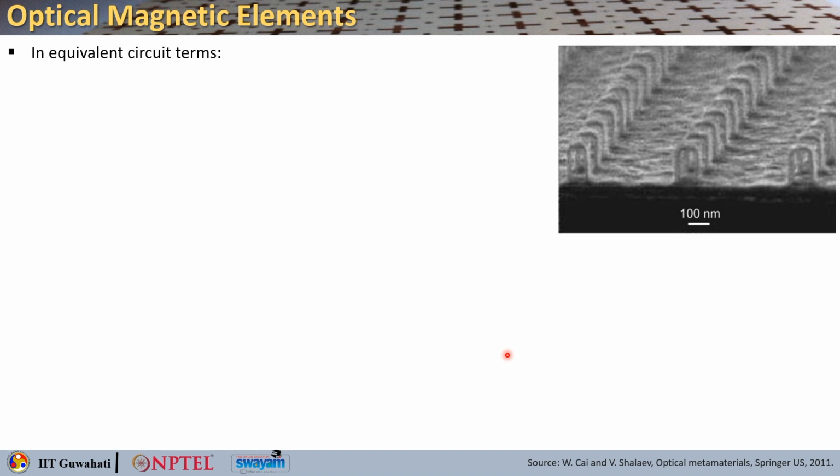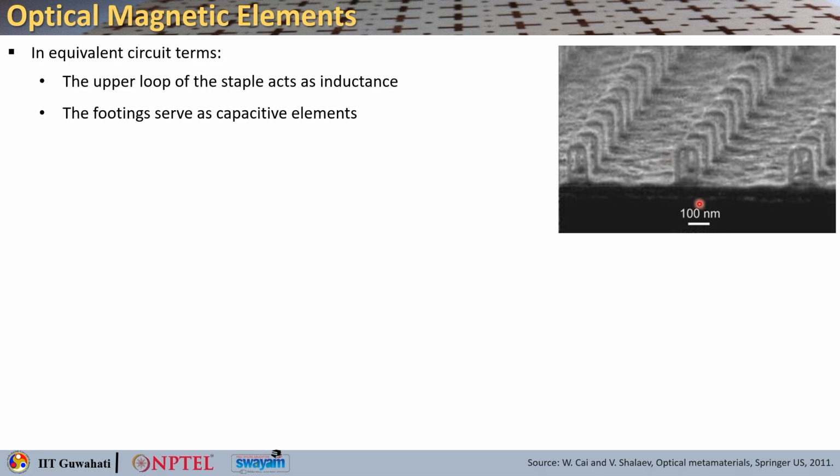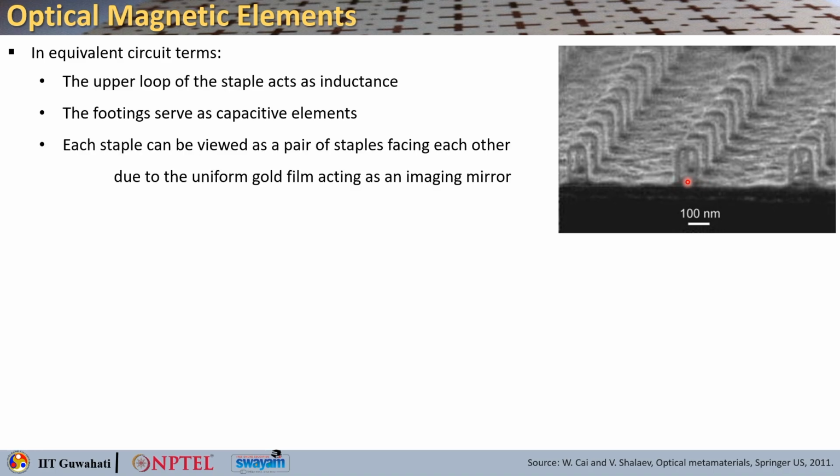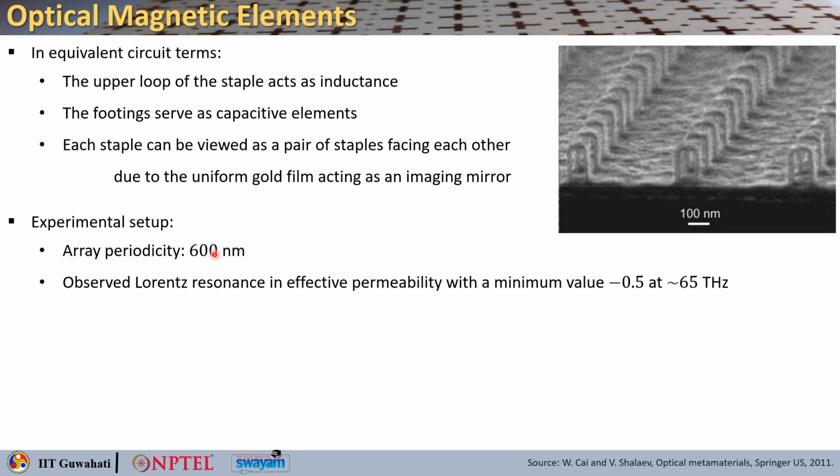From an equivalent circuit point of view, the upper loop of the staple basically works as an inductance, while the staple footing will serve as the capacitors, and each staple can be viewed as a pair of staples facing each other, because the uniform gold film is basically acting as an imaging mirror.